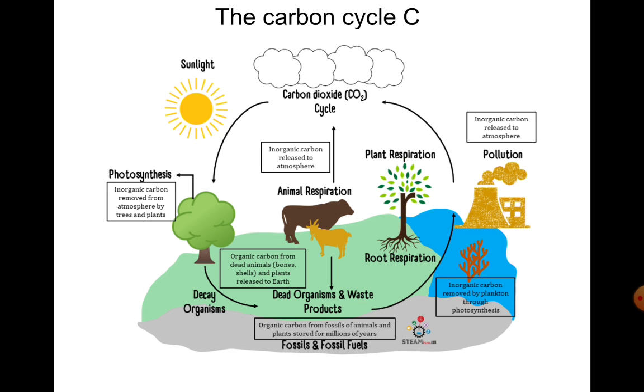And a lot of carbon dioxide is released to the atmosphere by human activity. Which brings us to the next unit, and in the next video we will talk about human influences on ecosystems.